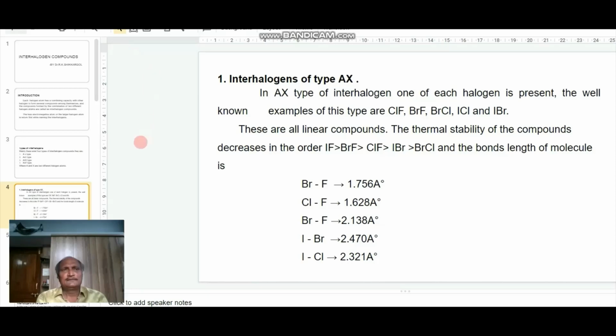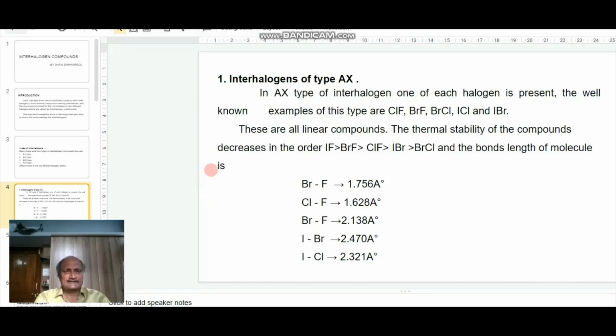Coming to the first type of interhalogens, that is AX type. In AX type of interhalogen, one of each halogen atom is present.